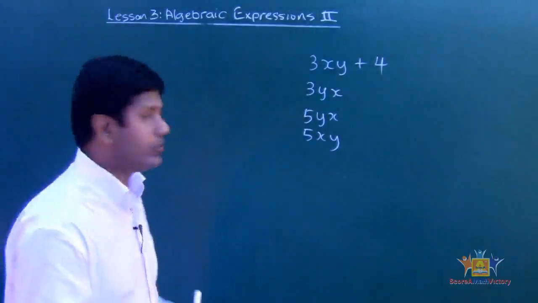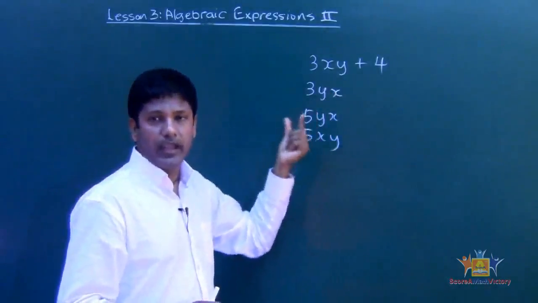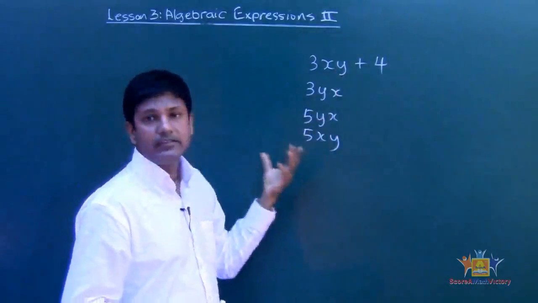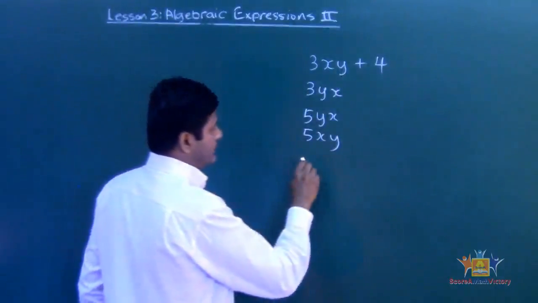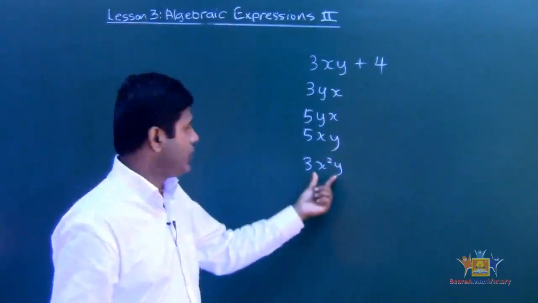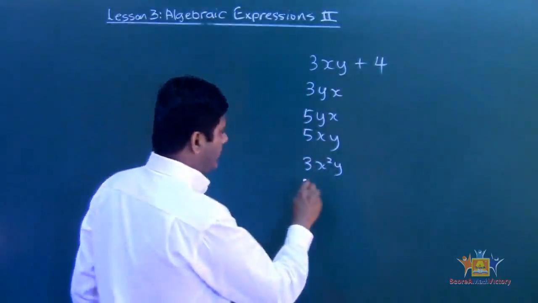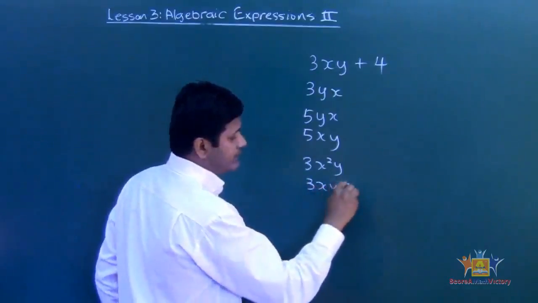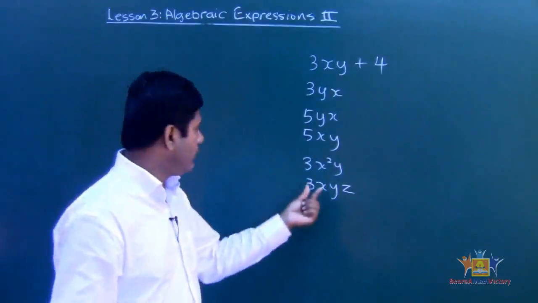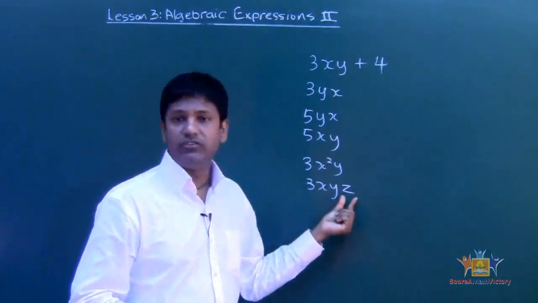Okay, same terms. So in other words, the biggest thing is the unknowns have to be the same, identical, in order to make them the same term. Now if I were to put, for example, 3x squared y, that changes the term. They're no longer the same term. Or even if I put 3xyz, even though this one has xy and that one has xy, it doesn't matter, because you put a z to it.